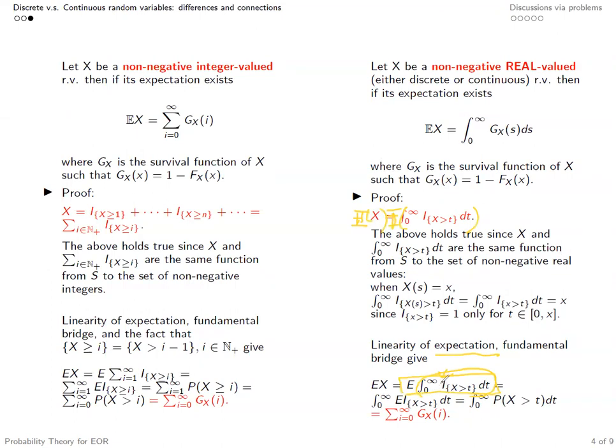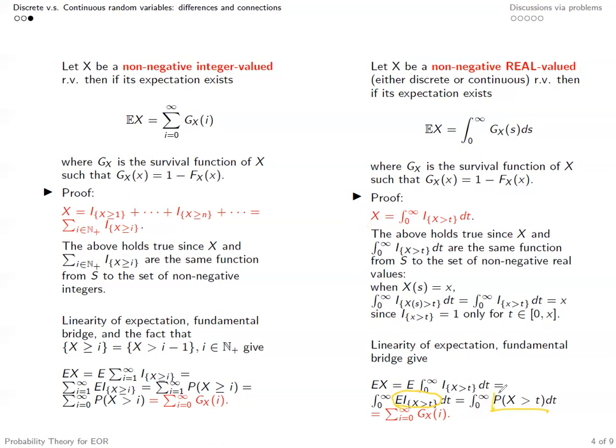And we know we can exchange the order of expectation and summations, and following similar logic, we can also exchange the order of the expectation and the integral. So the expectation of the integral is equal to the integral of the expectation of this integrand. And via the fundamental bridge, we know the expectation of this indicator function is essentially the probability of X strictly larger than t.